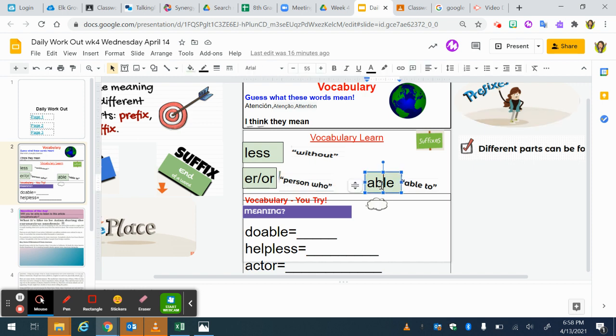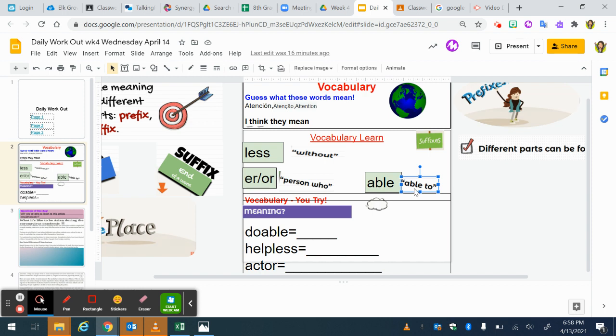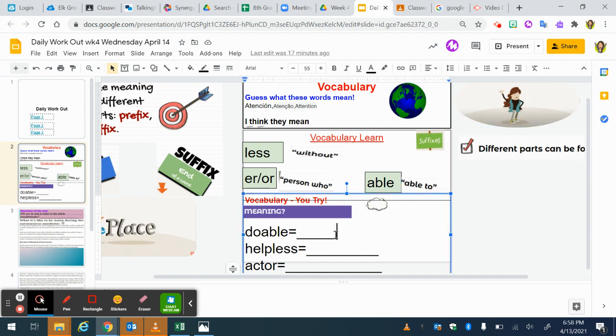Then the next suffix is able. Able means able to, like can. Able is a synonym, or a word that means the same as can. Okay. So now we're just going to try. We're just going to guess.